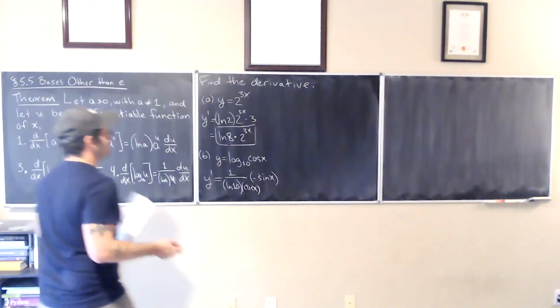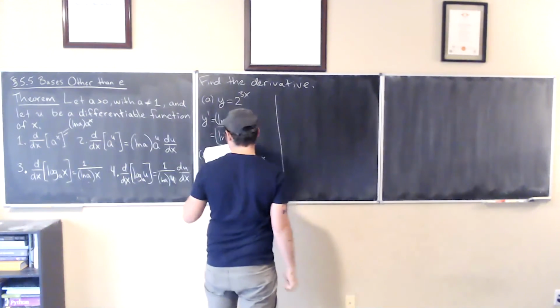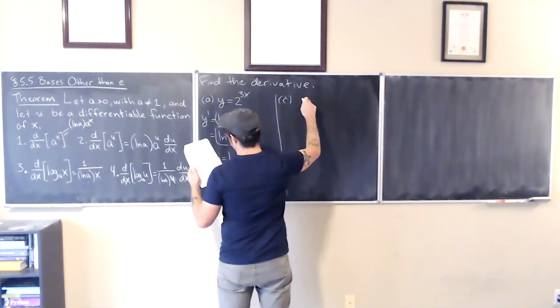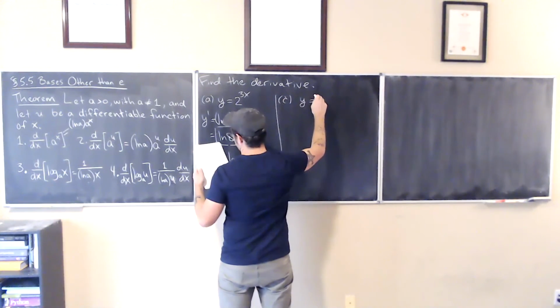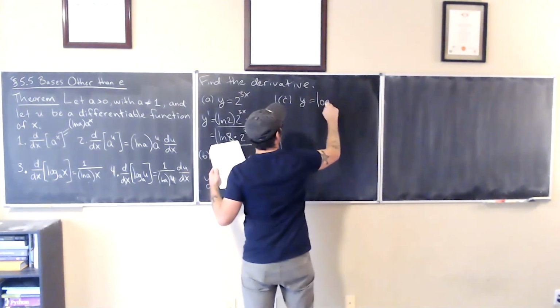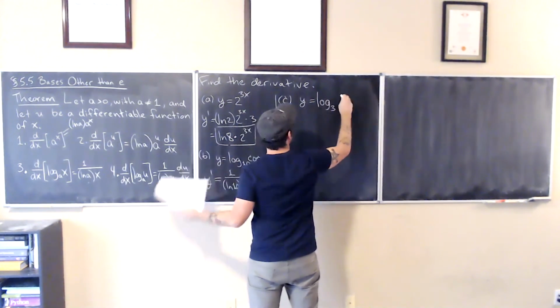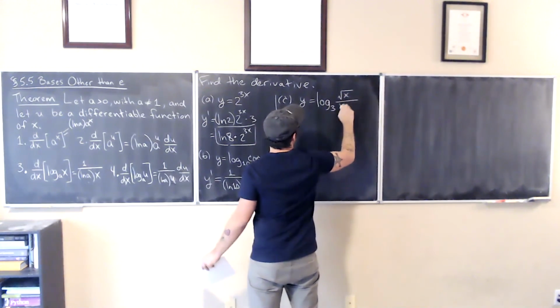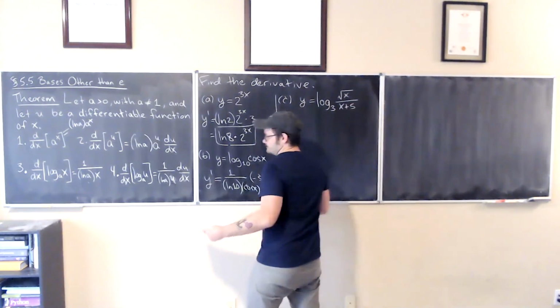All right, so let's look at one more. C, y is equal to log base 3 of root x all over x plus 5.